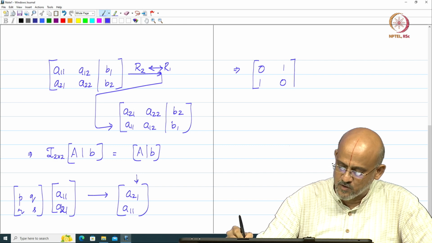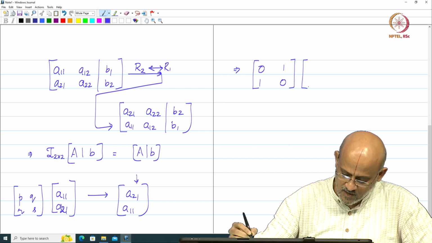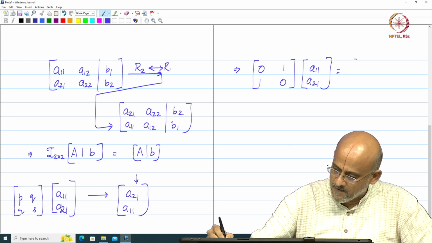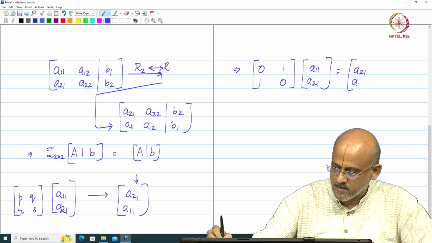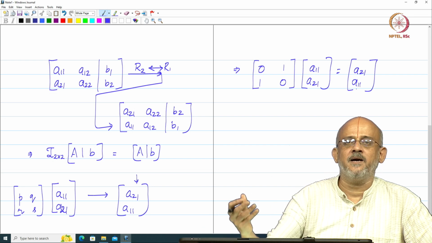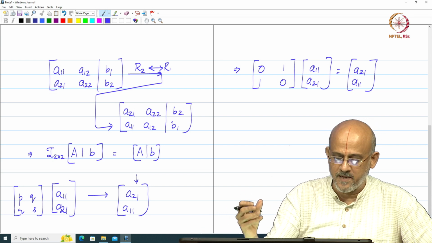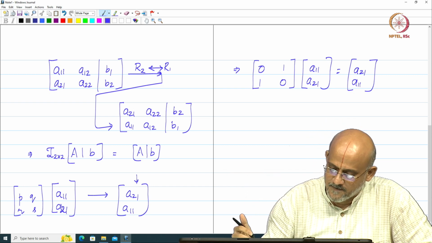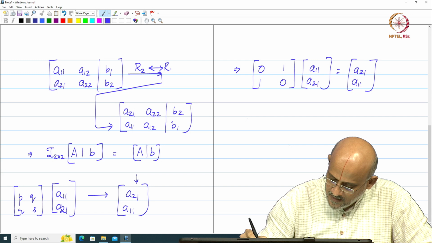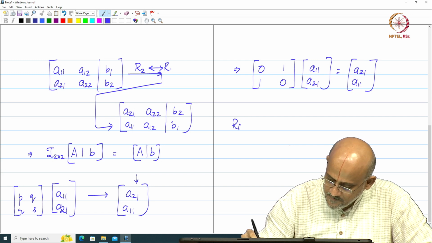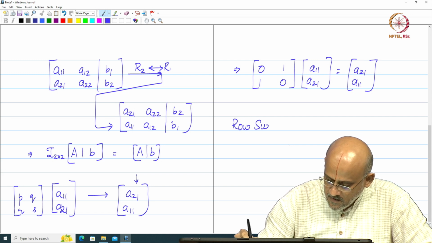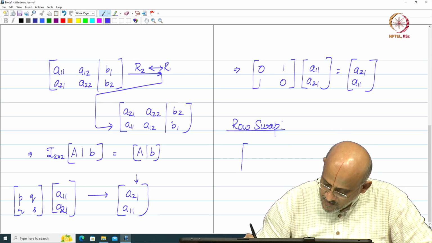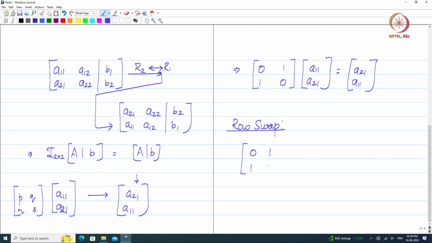So that becomes 0. So if I take this 0 1 1 0 into A11 A21, I will end up getting A21 A11. Now, that is exactly the matrix that we want to pre-multiply this augmented matrix with to get the row swapped version of the matrix A. So if you want to do a row swap operation, you use this matrix, which is basically 0 1 1 0.